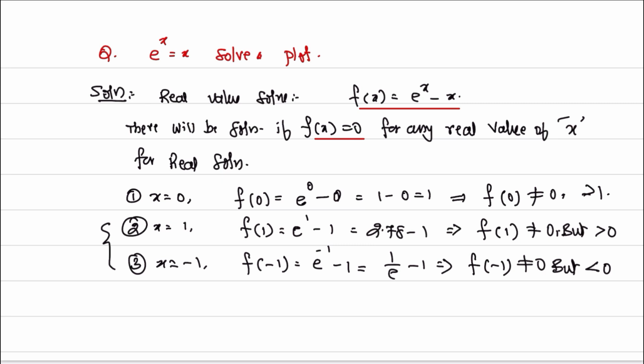But at x is equal to 0, it does not have a solution. At x is equal to 1, there is no solution. That means between 0 and 1, there is no solution. For 0 and minus 1, there is no solution.